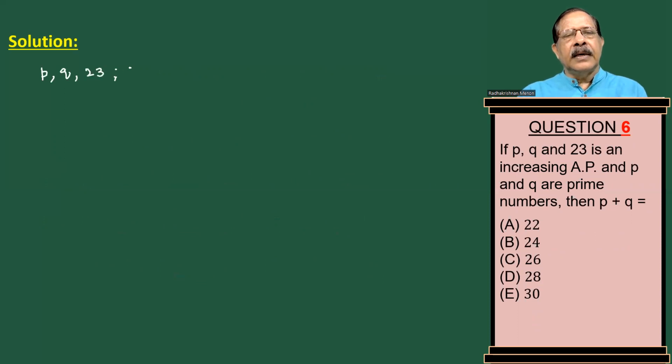That means p less than q less than 23. So p plus 23 equals 2q, by the property of AP.